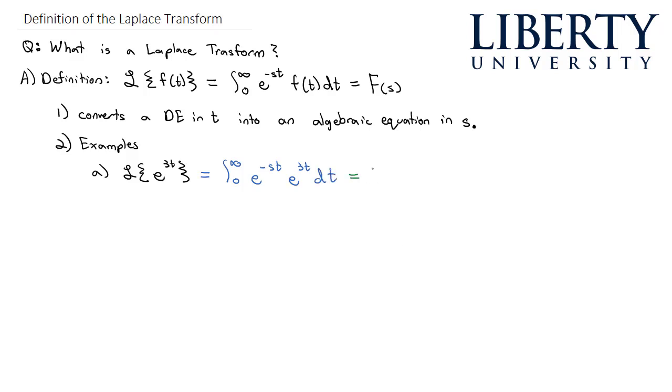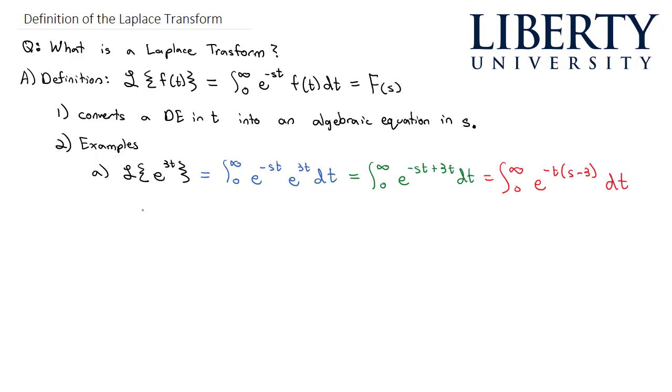And we can simplify that a little bit by adding those exponents, giving us e to the negative st plus 3t dt. And a little more simplifying, I'm going to factor out that t. Actually, let's factor it out as a negative so that the sign is positive, s minus 3 dt. And that's going to make the actual integration a little easier.